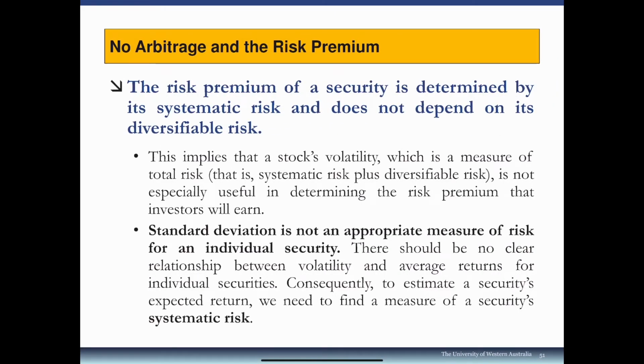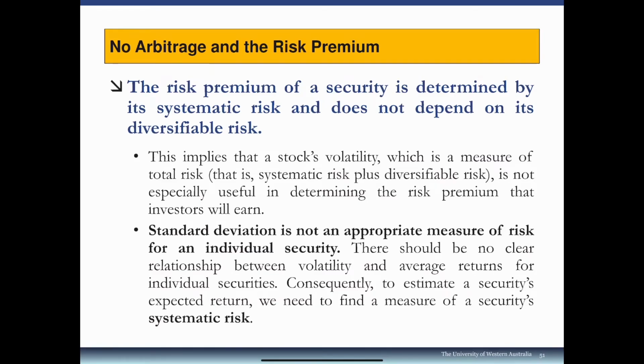So this takes us to a very important conclusion about the risk premium, which is the reward that should be awarded when you're holding the risk. The risk premium of a security is determined by its systematic risk and does not depend on its diversifiable risk, because diversifiable risk can be reduced by holding another asset.